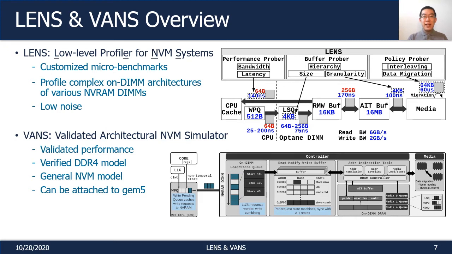Vance performance is validated with Optane DIMM. It has a verified DDR4 model for on-DIMM buffers and can be integrated into gem5 for full system simulation. Vance provides a general non-volatile memory model that can be reconfigured to simulate other non-volatile memory products. Lens and Vance are open sourced on GitHub.